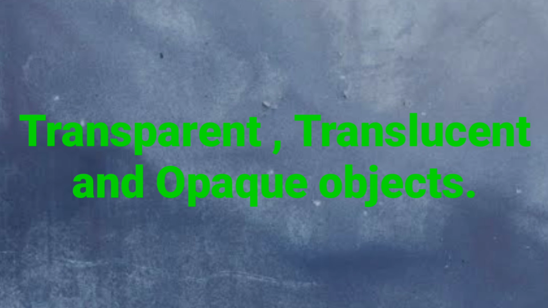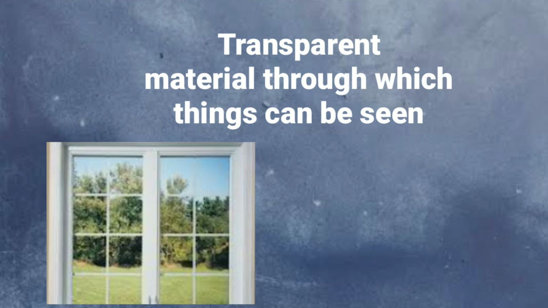Now come to transparent, opaque and translucent objects. Dear students, transparent, translucent, opaque are the properties of objects which we have also studied in the previous chapter while grouping the objects. Before going into the topic, I would like to explain one example. Suppose you are playing hide and seek with your friends, and if your friend hides behind a glass window, what happens?